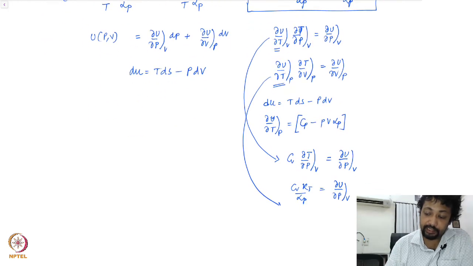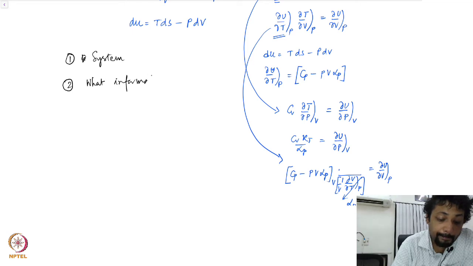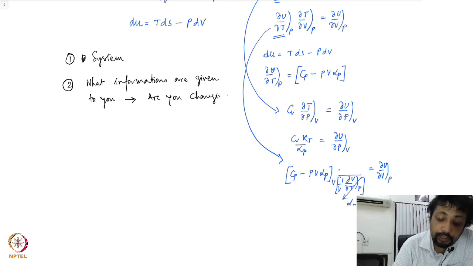So please understand that in dealing with thermodynamic processes, pay attention to number one, what is the system? Number two, what information is given to you? Which means, are you changing the coordinates or the volume?